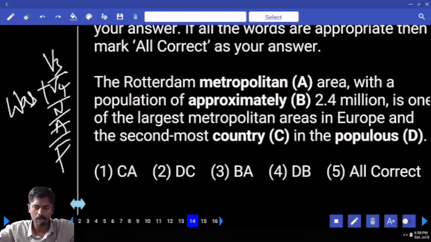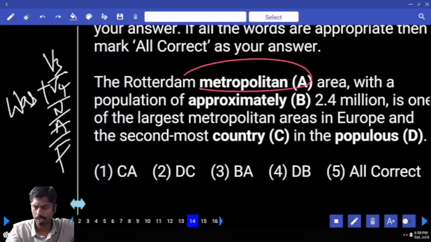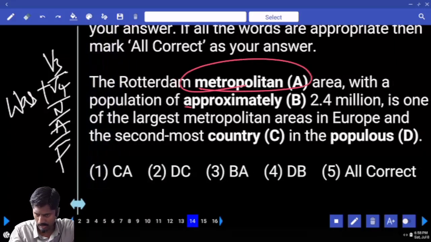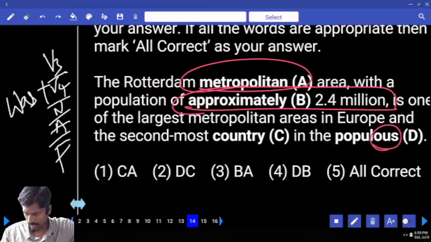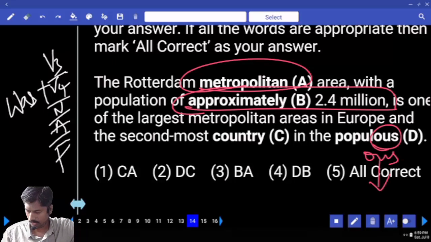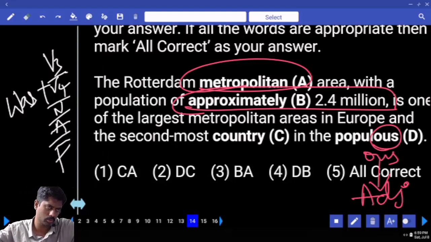The Rotterdam metropolitan area, with a population of approximately 2.4 billion, is one of the largest metropolitan areas in Europe and the second most populous. If a word is ending with OUS, what is this? If it ends with OUS, it is an adjective: spacious, dangerous, poisonous, humorous.